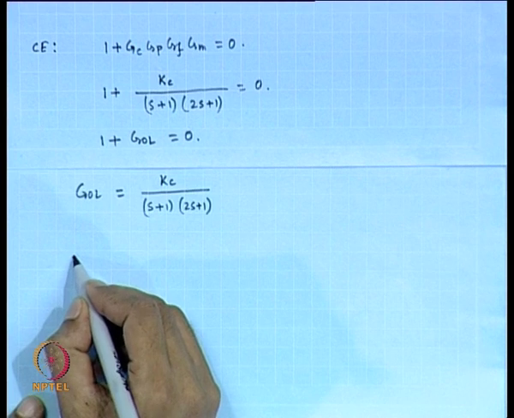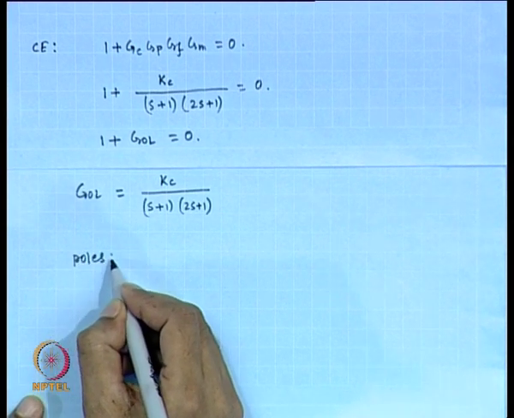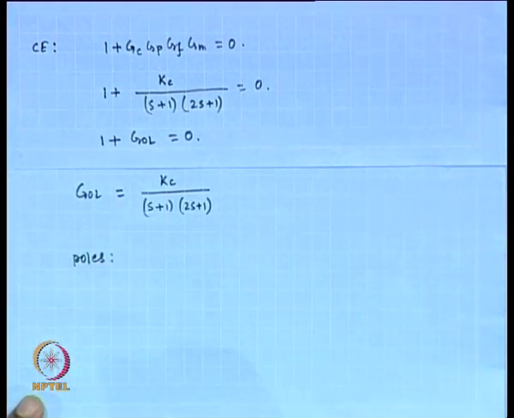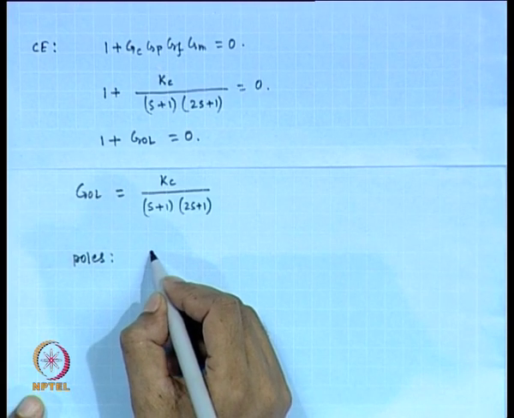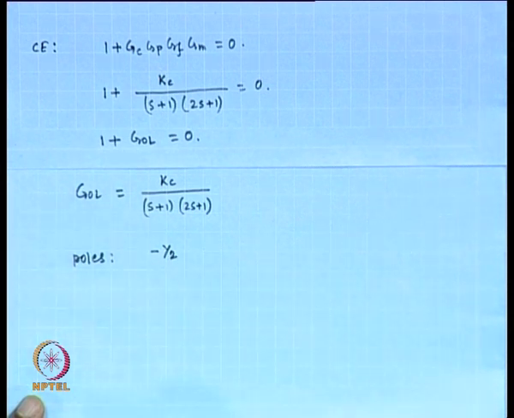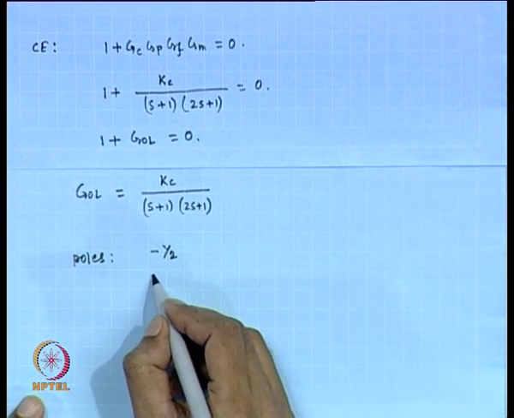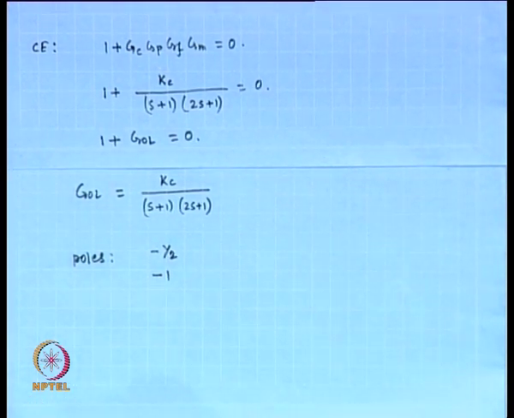Can you find the poles of this open loop transfer function? What are the poles? The open loop transfer function has two poles. One is at S equals minus half, another one is at S equals minus 1.